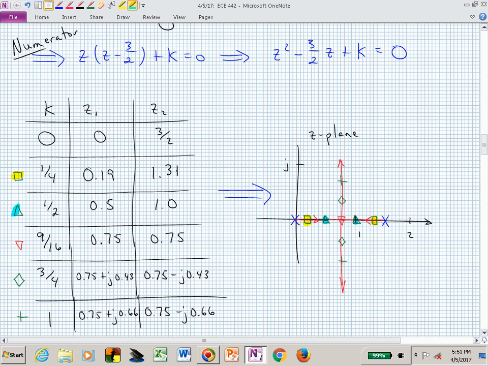If I crank up my gain now to 9/16, I move to where they're right on top of each other. I have two real poles right on top of each other at 0.75 and 0.75. And if I keep cranking up the gain K, they can't just stay there. They actually have to move somewhere.